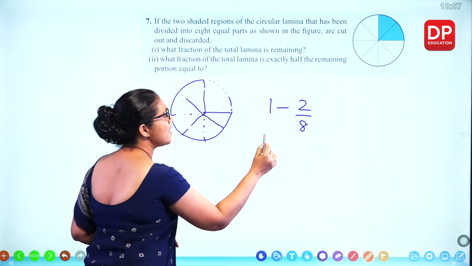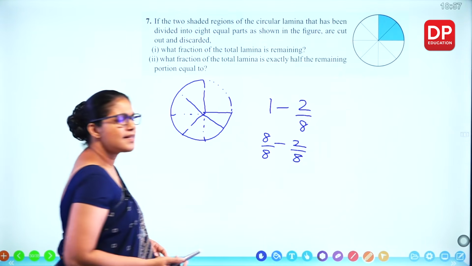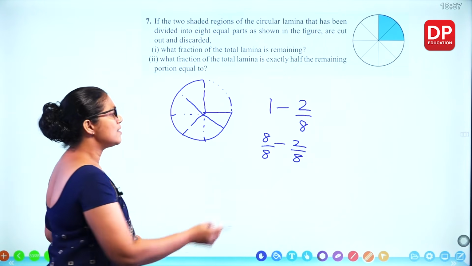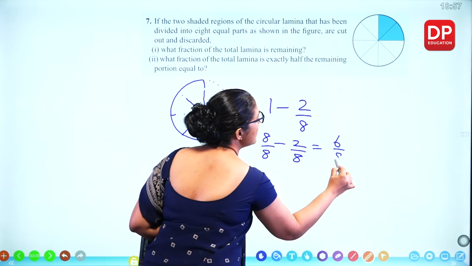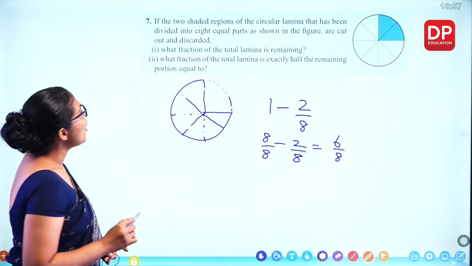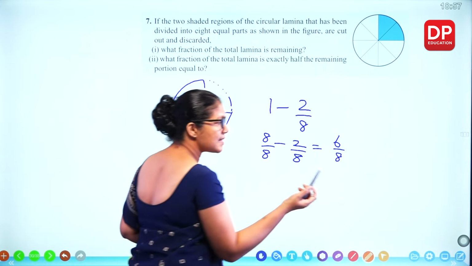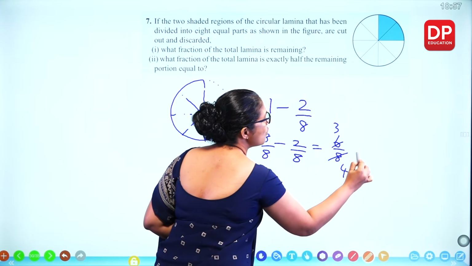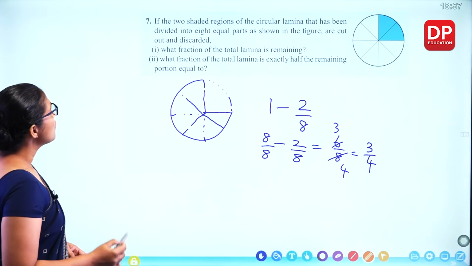We can write 1 as 8 over 8. Now this is simple subtraction. You get the same denominator. So 8 minus 2 becomes 6 over 8. So what fraction of the total lamina is remaining? 6 over 8, or you can simplify further, divide by 2, and you get 3/4.